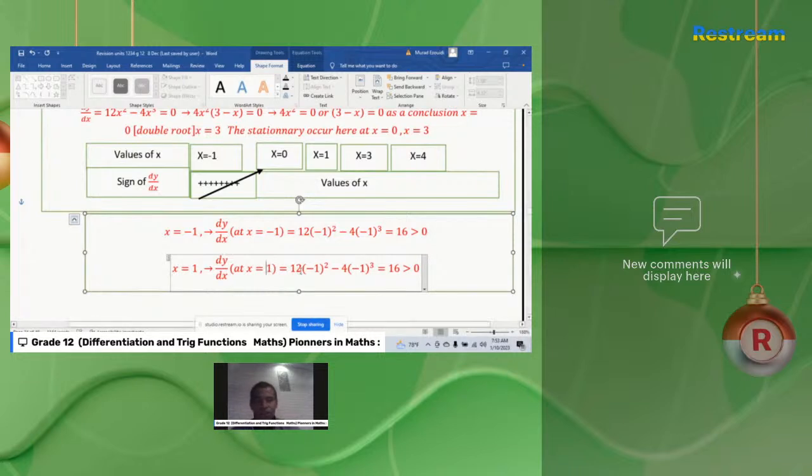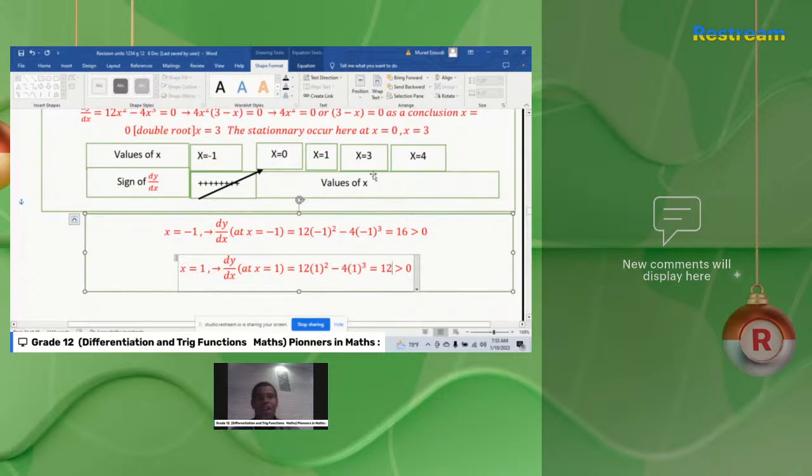It will be 12 multiplied by 1 squared minus 4 multiplied by 1 cubed. 12 multiplied by 1 squared is 12, minus 4 by 1 cubed is 4. It will be 8. Therefore, learners, it is positive.